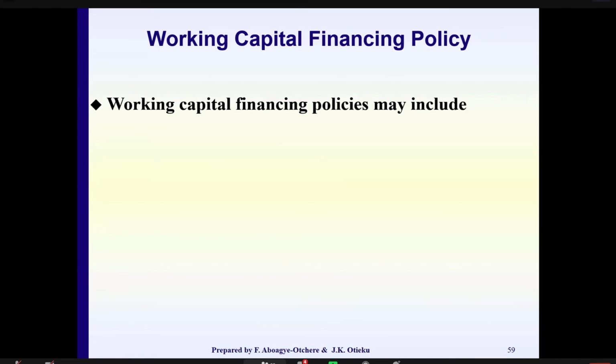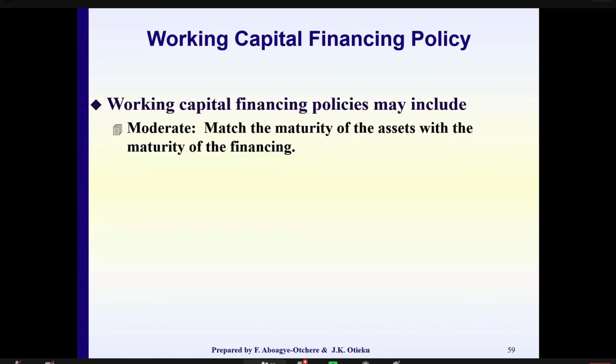An entity may decide that they will match the maturity of the financing of current assets with the maturity of the assets. Maturity of the assets has to do with when the transaction is complete and receipts are received.